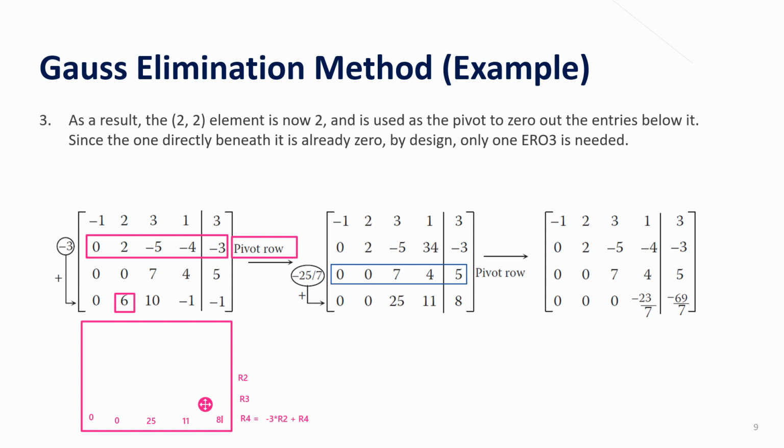So you can see that the new value of row 4 will be 0, 0, 25, 11, 8 here.